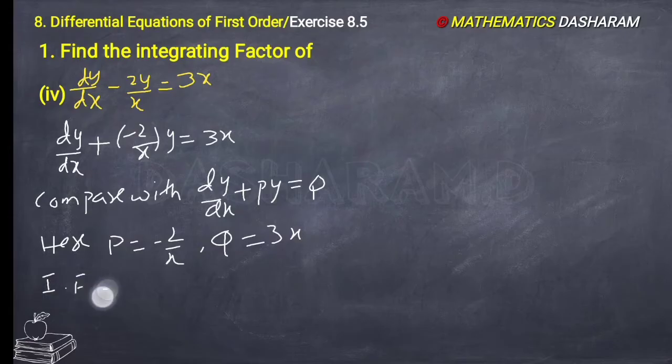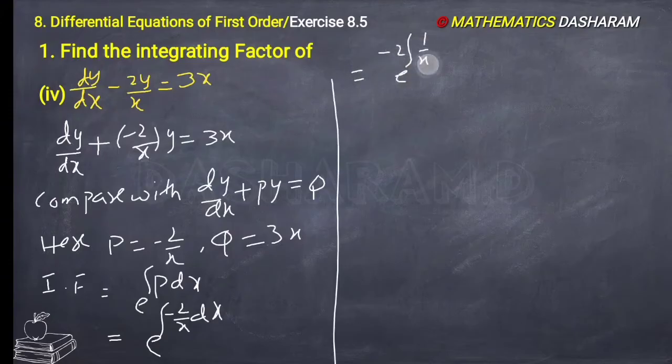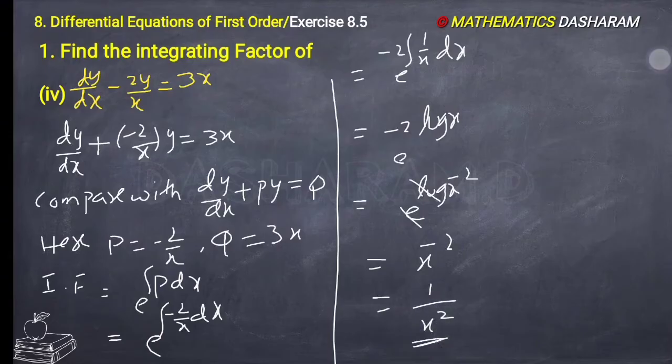So the integrating factor is e to the power of integration P dx, which equals e to the power of integration of -2/x dx, which equals e to the power of -2 times integration 1/x dx. So it is e to the power of -2 log x, which is e to the power of log x to the power of -2. Then e and log cancel, giving x to the power of -2, which equals 1/x square.